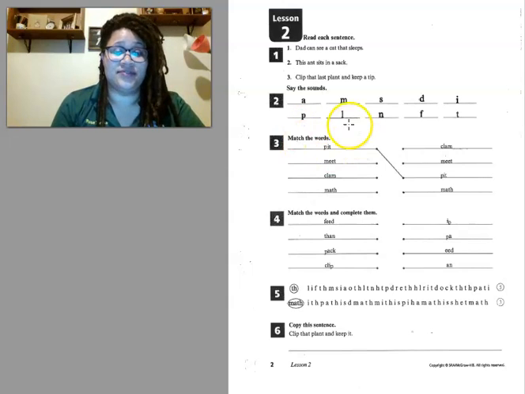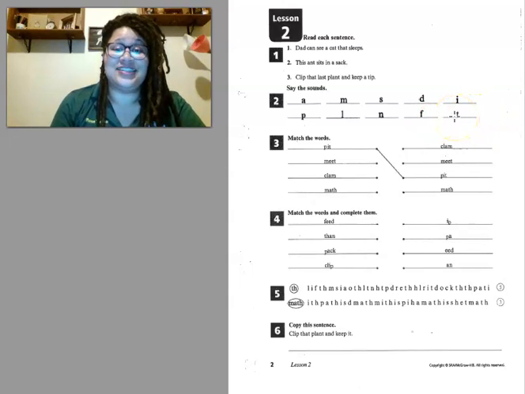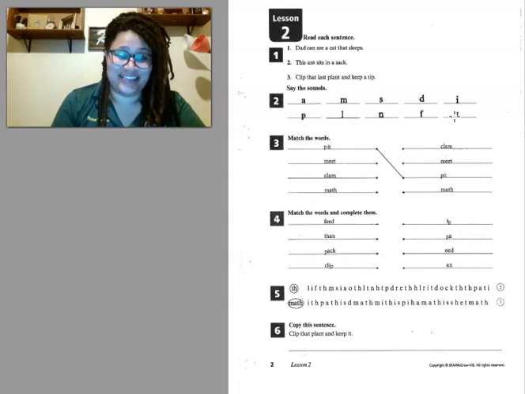Yes, P. This sound is L. What sound? Yes, L. This sound is N. What sound? Yes, N. This sound is F. What sound? Yes, F. This sound is T. What sound? Yes, T.